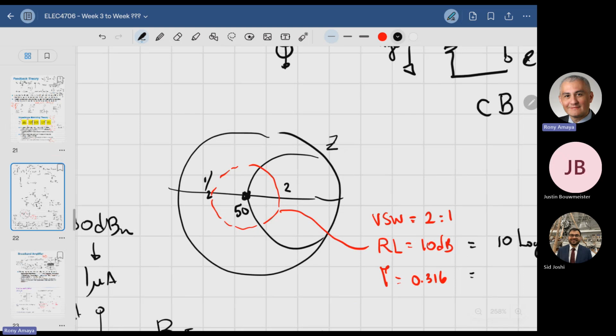What is the return loss at the center of the Smith chart? Right at the center. Infinite, right? And if you're plotting your return loss, you get something that does this, right? Very low, so it's very sharp.